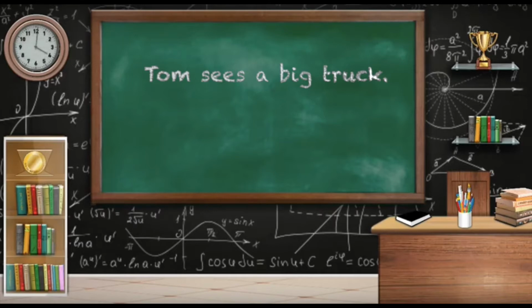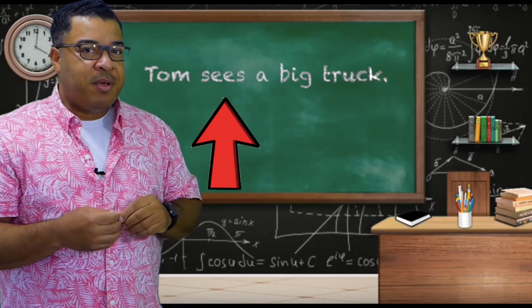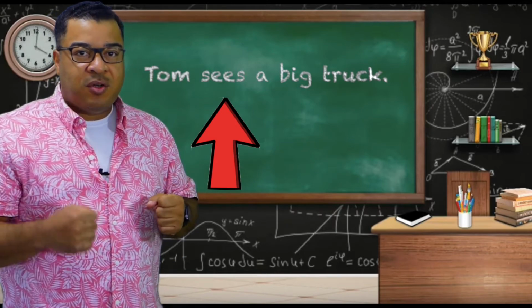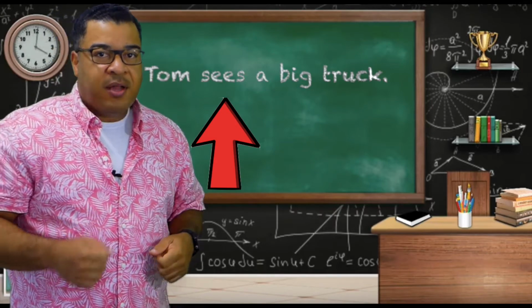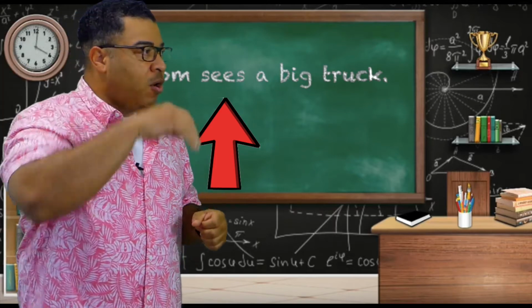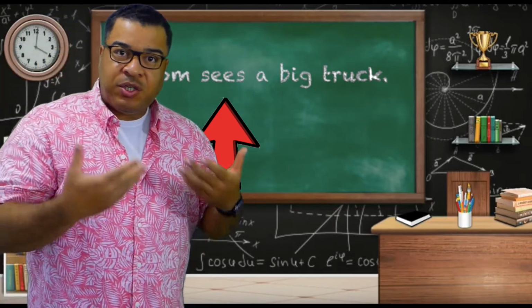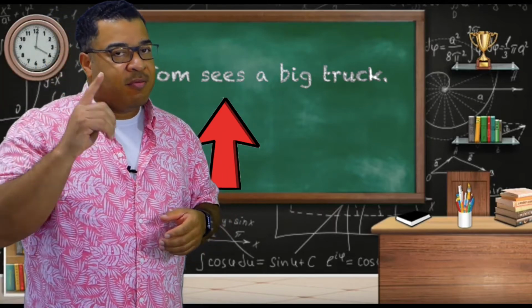So in this sentence, well, we know Tom, a person's name. Now this is a proper noun. A person's name is a proper noun. But look at the next word here, sees. Now remember, action, so walk or run or jump or throw or kick. Action words we know are verbs.